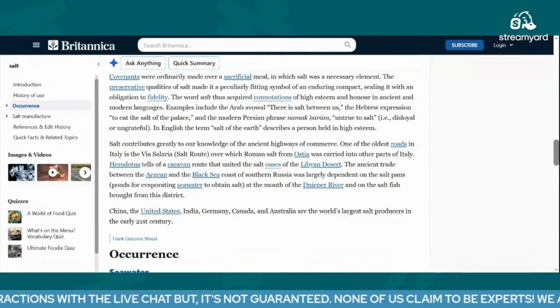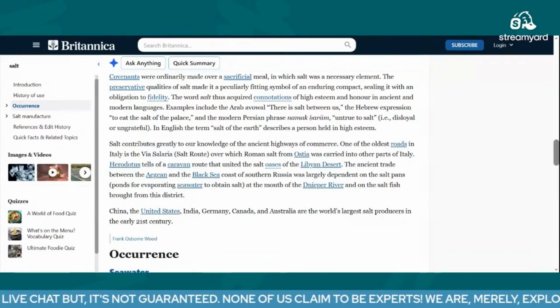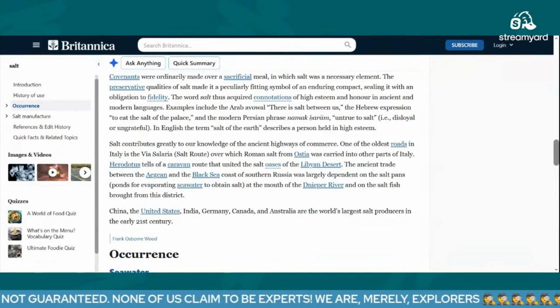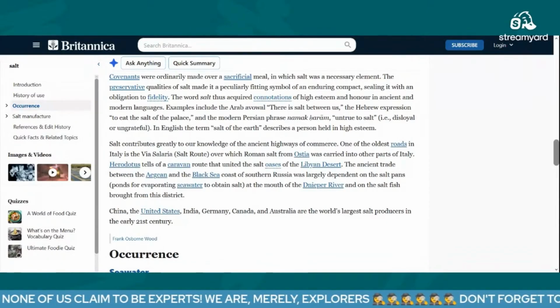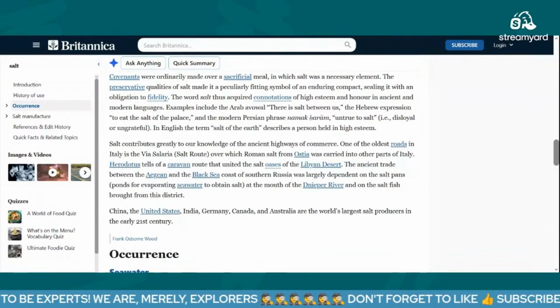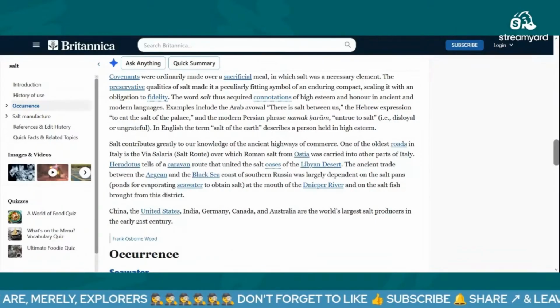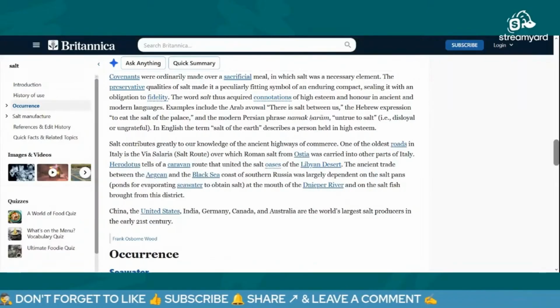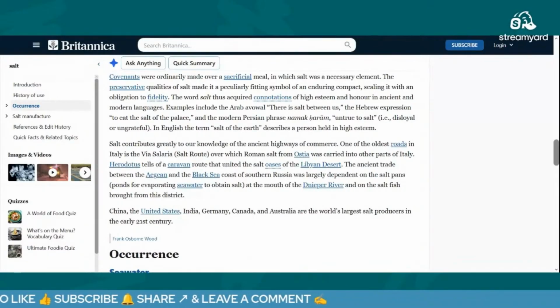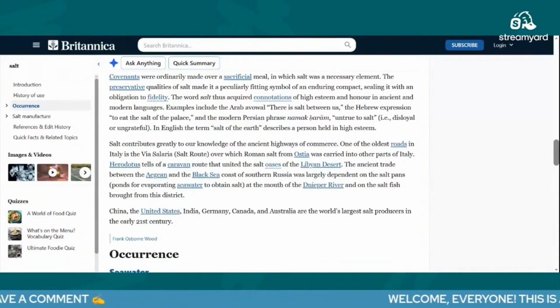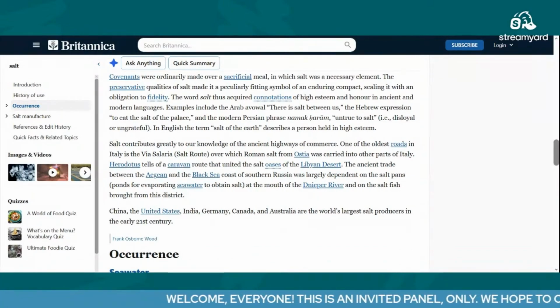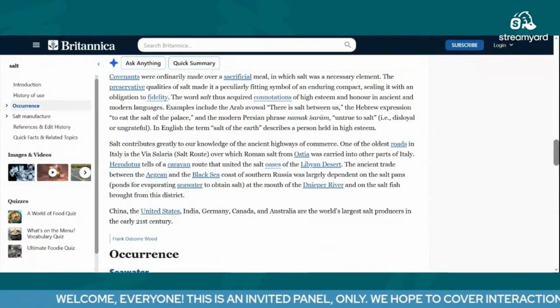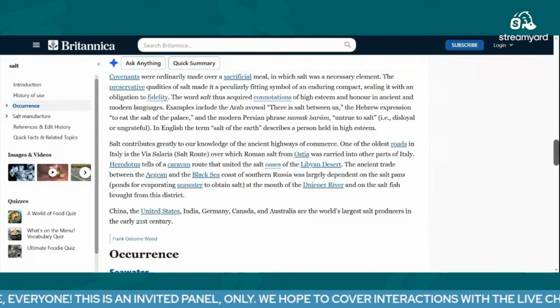Herodotus tells us of a caravan route that united the salt oases of the Libyan desert. The ancient trade between the Aegean and the Black Sea coast of southern Russia was largely dependent on the salt ponds for evaporating seawater to obtain salt at the mouth of the Dnieper River, and on the saltfish brought from this district.